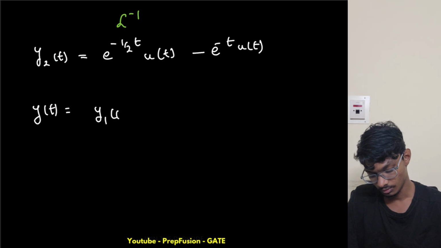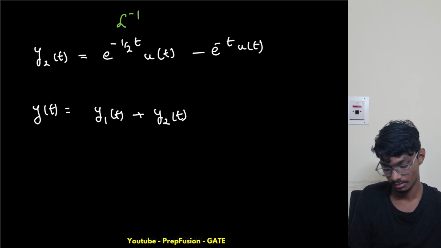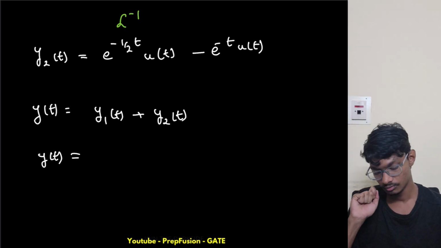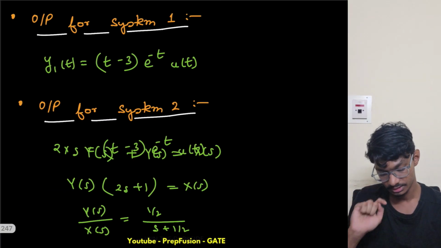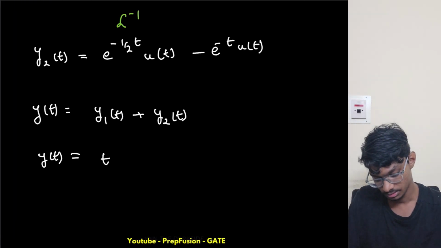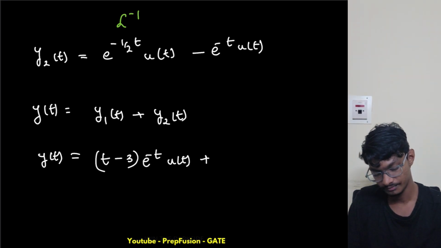So y1 of t plus y2 of t. What is y1 of t? y1 of t is simply t minus 3 into e raised to power minus t u of t. And what is y2 of t?